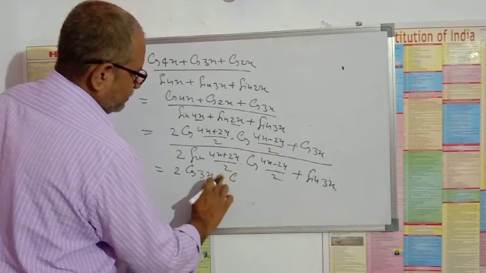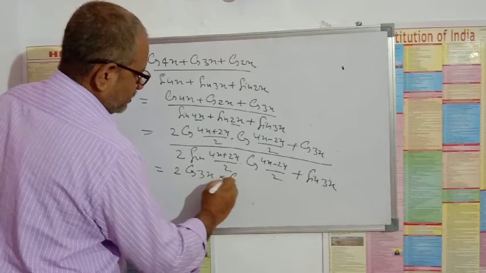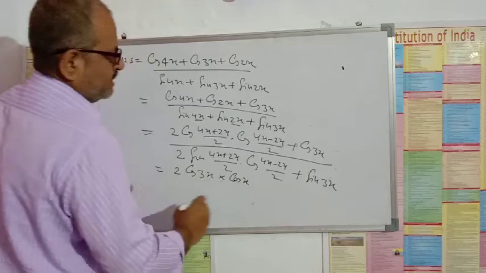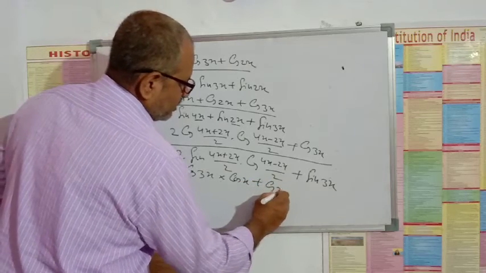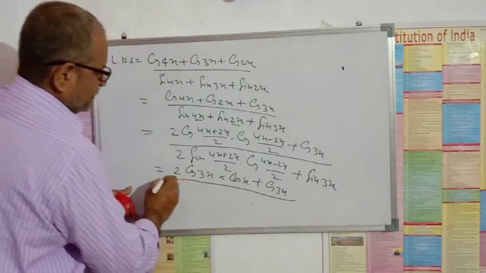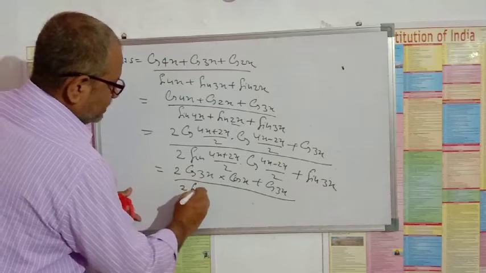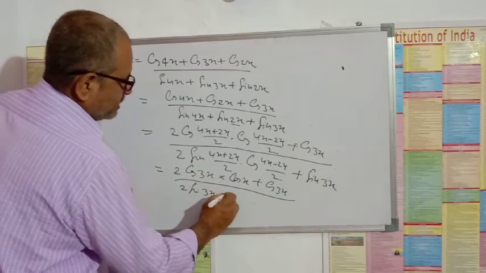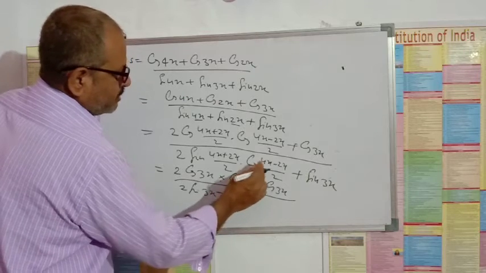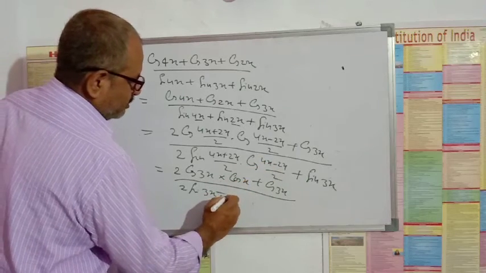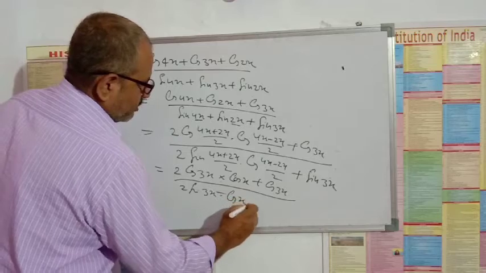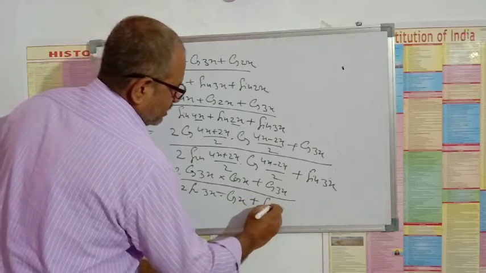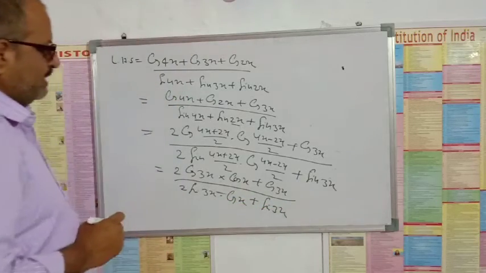So we get 2 cos 3x into cos x plus cos 3x, upon 2 sin 3x into cos x plus sin 3x.